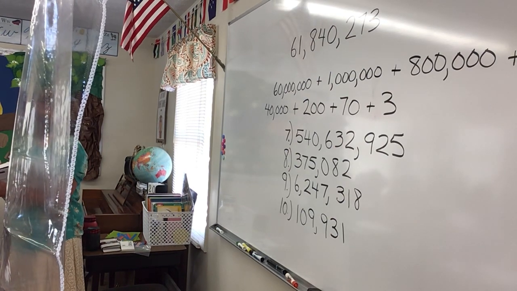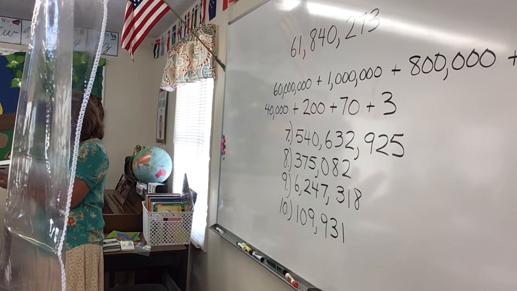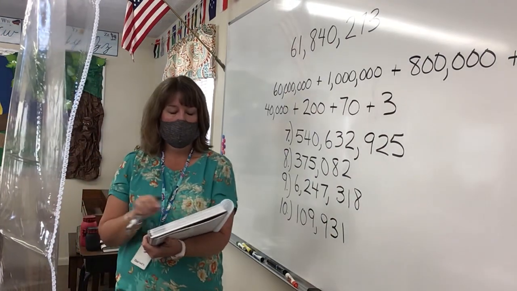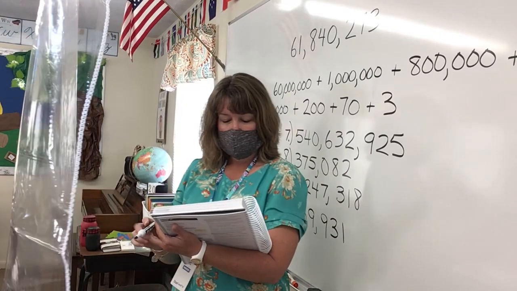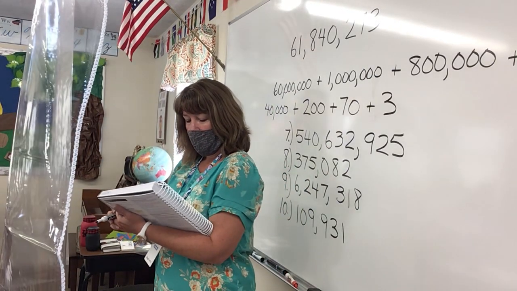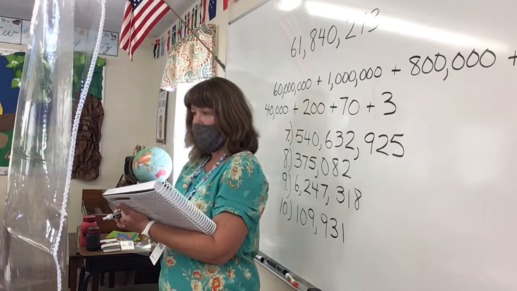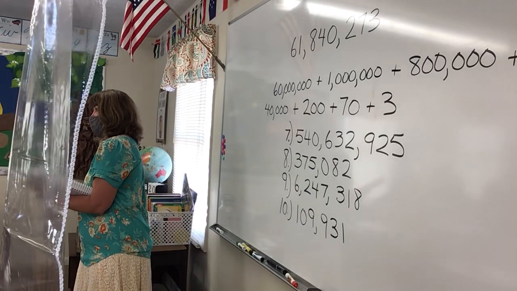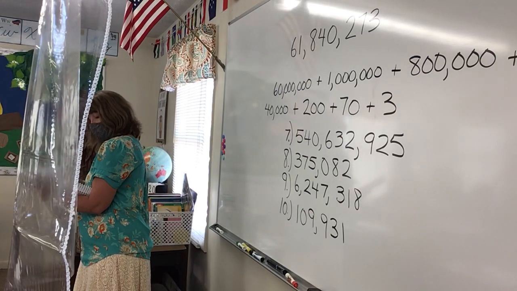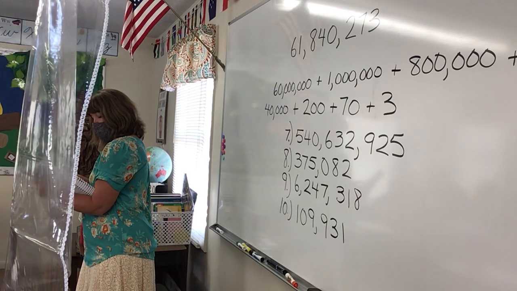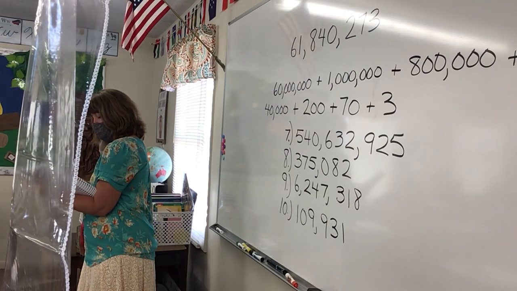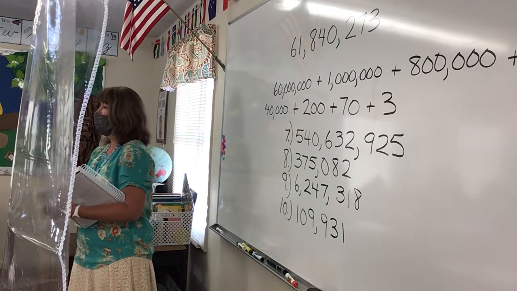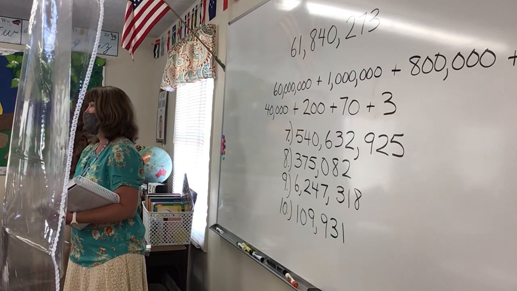So number 11, let me have Autumn. Will you read that question for us? Why are zeros important in a number like 603,028? Okay, so those zeros, they don't have any value, so why should we put them in there?